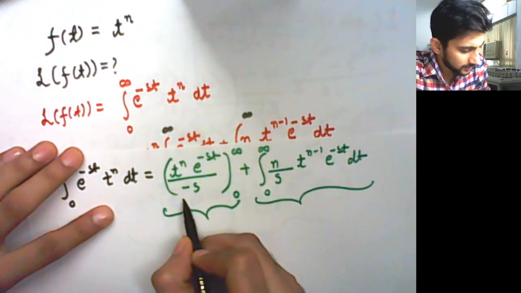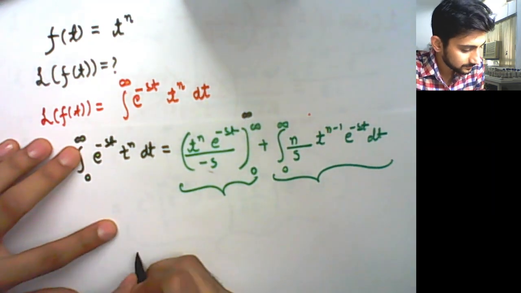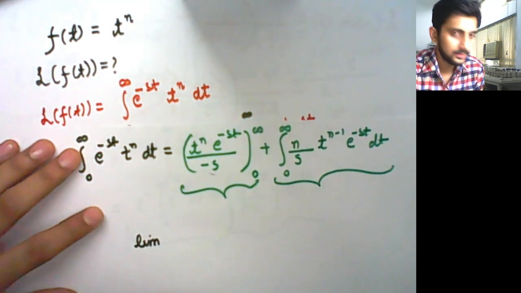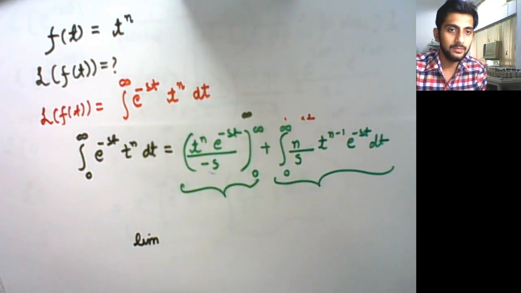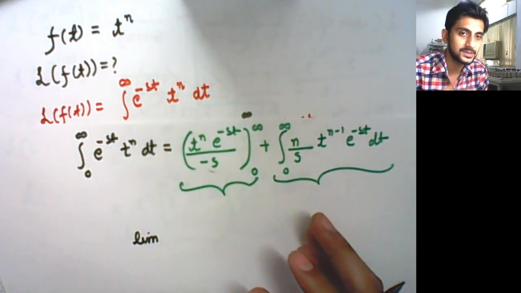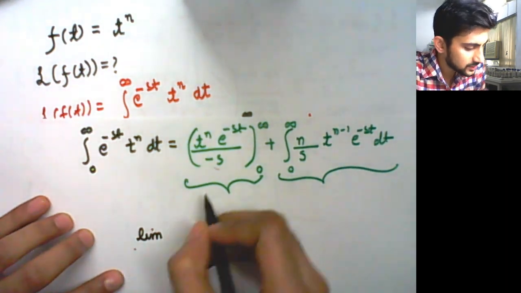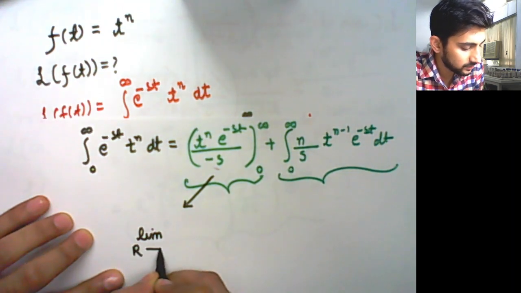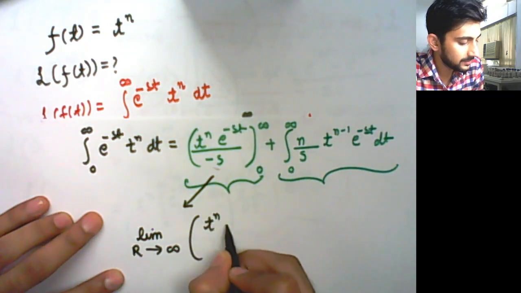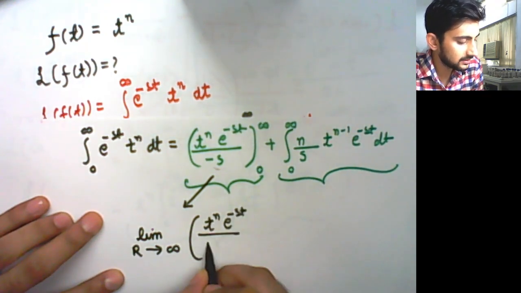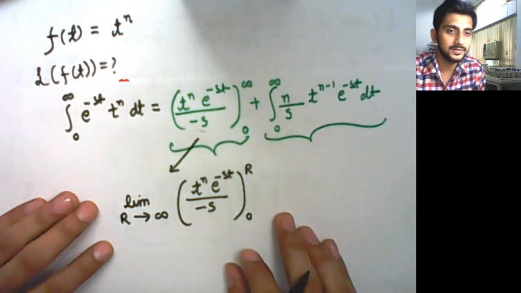In order to find out the limits of this particular thing, let me just take the limit. I'm going more rigorously in a mathematical way, but this is how you have to deal with mathematical physics, and Laplace transform is a part of mathematical physics. So you can solve this particular thing in this way. You take r tending to infinity, t raised to the power n e raised to the power minus st upon s, 0 to r, instead of just writing it like this.